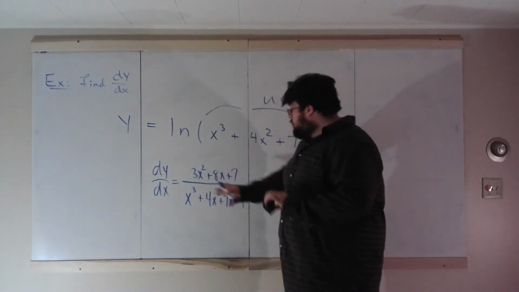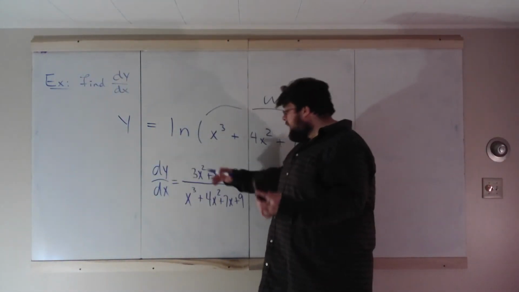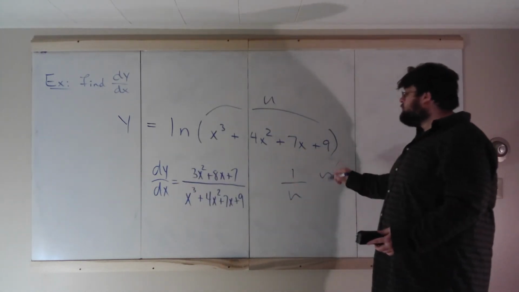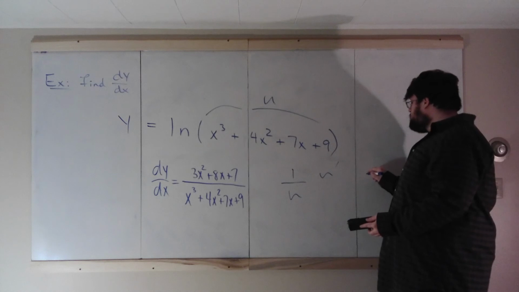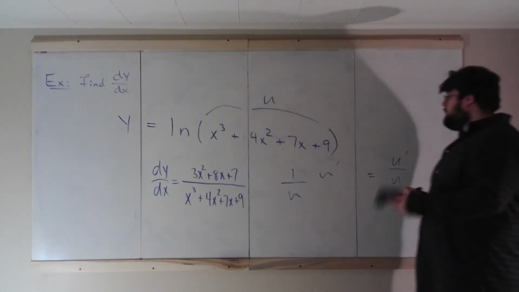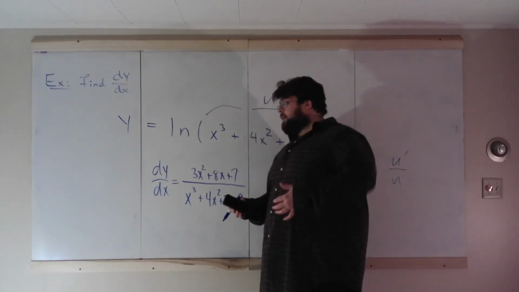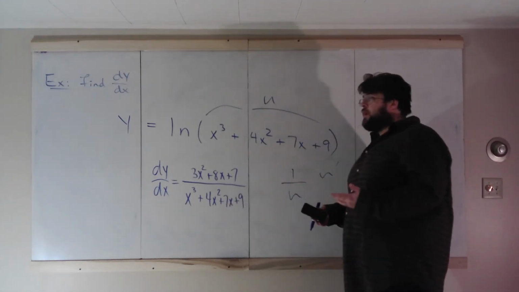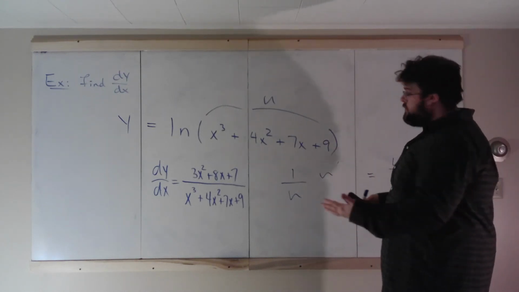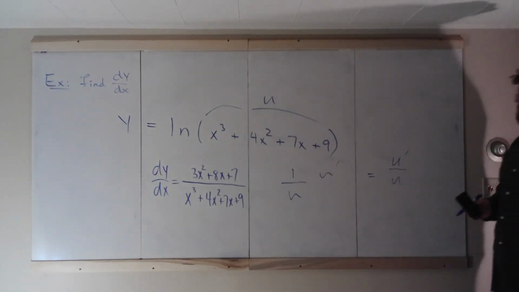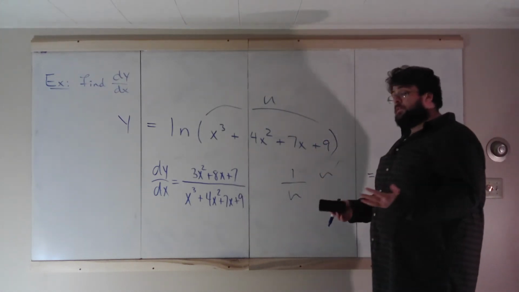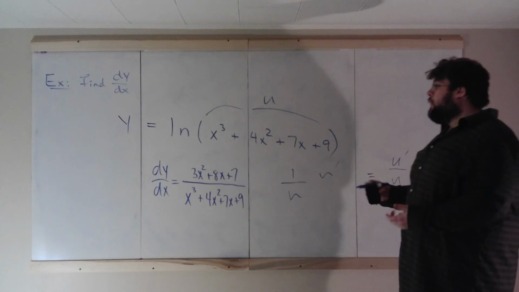So it's 1 over u times the derivative of the inside, which you can just write as a single fraction like that. I'm not going to ask you to find a general form for the derivative of log of u like this. But the observation that we can write this as a fraction is very useful and shows up a couple times throughout calculus.